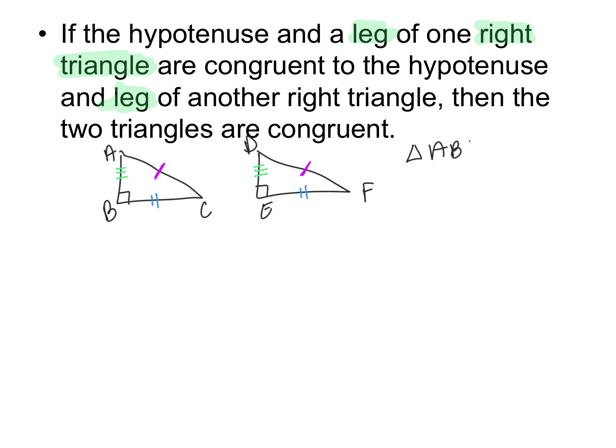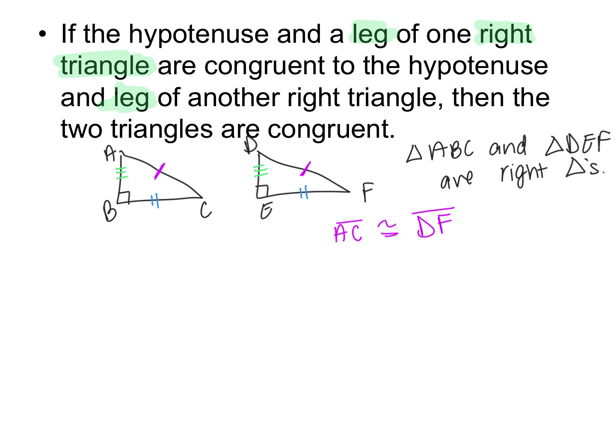Triangle A, B, C, and triangle D, E, F are right. Okay, the right triangles, just information we know. What else do I know? AC is congruent to DF, and this is my hypotenuse. Okay, it's the diagonal, it's the longest side of my triangle.